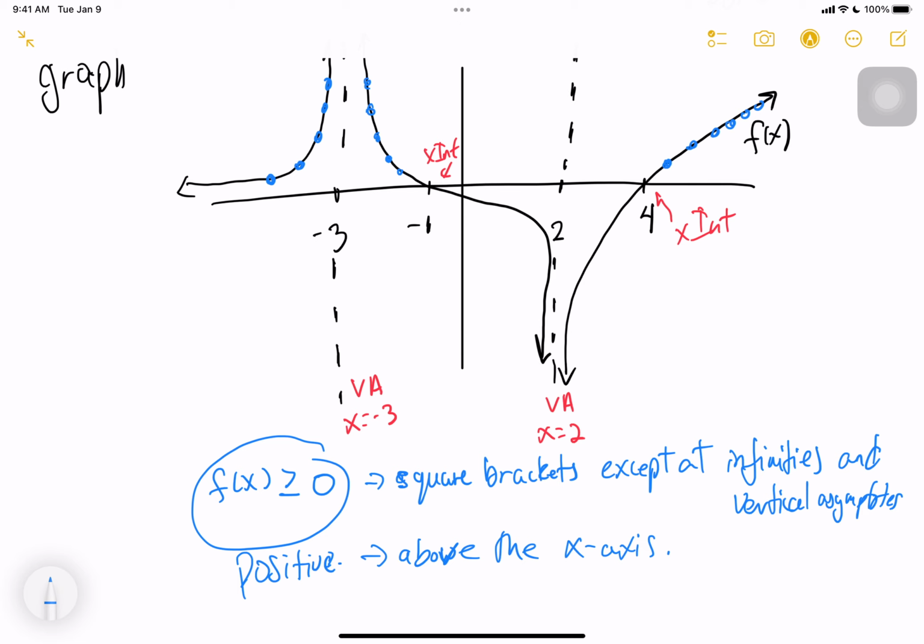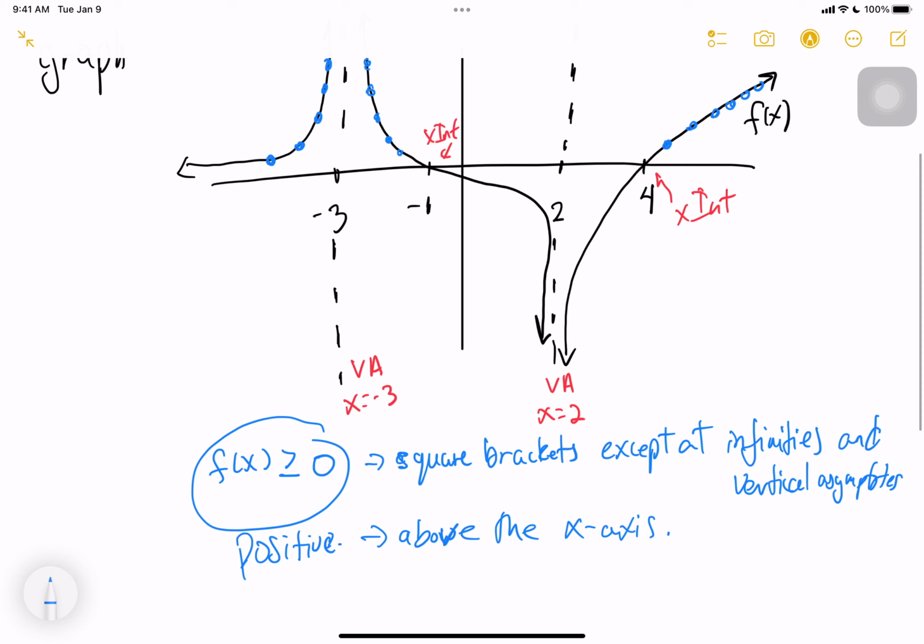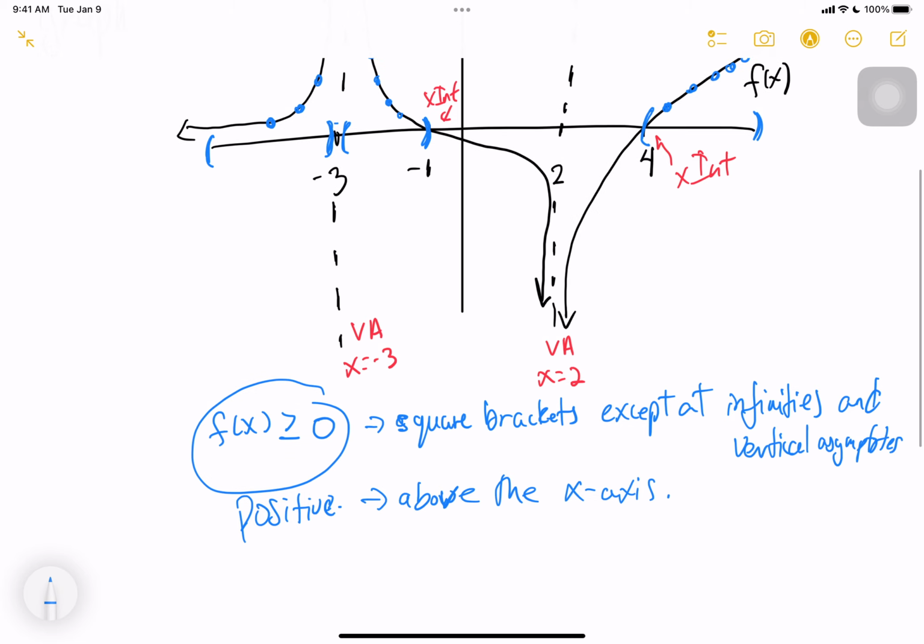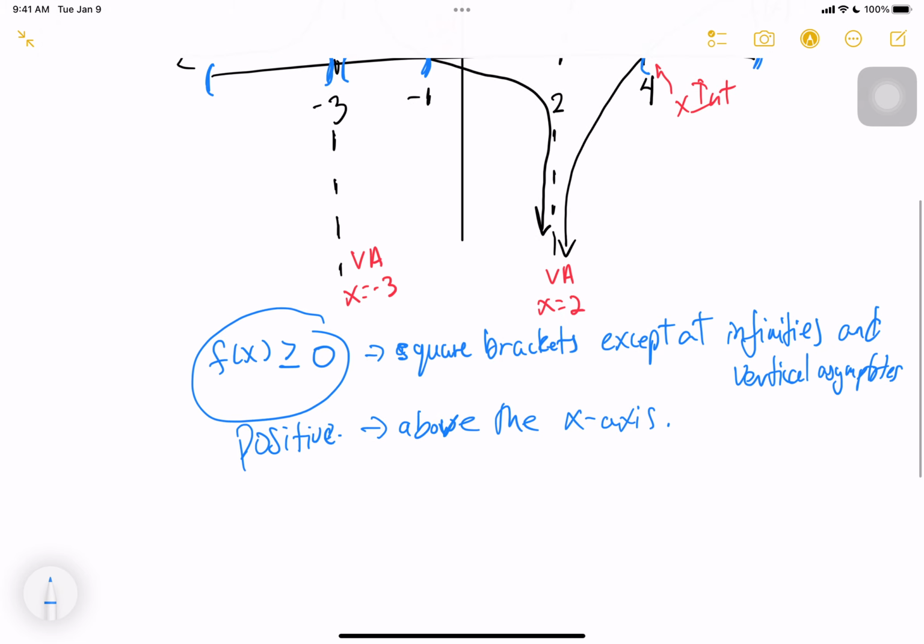So from -infinity until -3, and then from -3 to -1, the graph is above the x-axis, and then from 4 to infinity, the graph is above the x-axis. And so that gives me our solution.